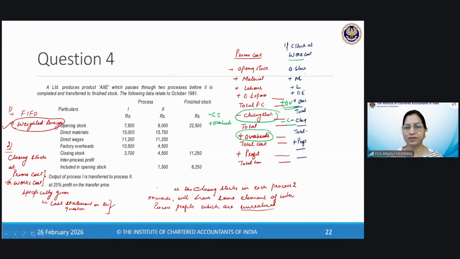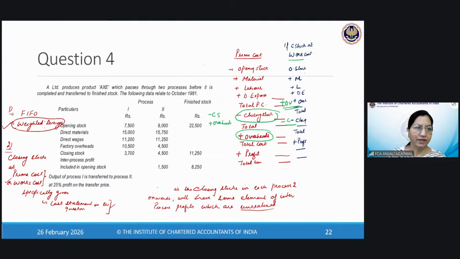That's the main difference, and that you have to remember. Closing stock is subtracted first, then overheads are added, or overheads are added first and then closing stock is subtracted, depending on whether stocks are valued at prime cost or at works cost.